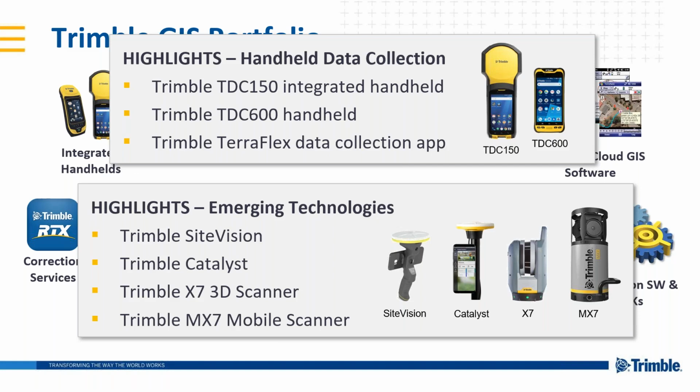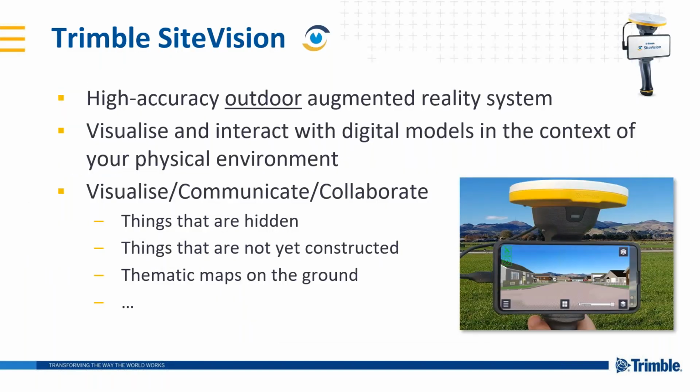What I wanted to give a quick overview of for the next probably 2 minutes or so is Trimble Sight Vision. It's something that we've been taking to trade shows for the last year or so. It's been available on the market, I think, since December last year.